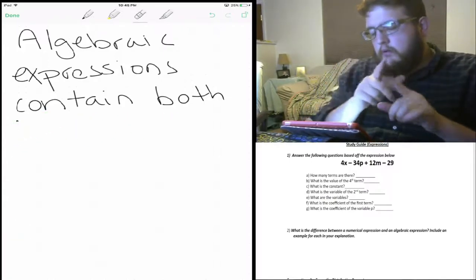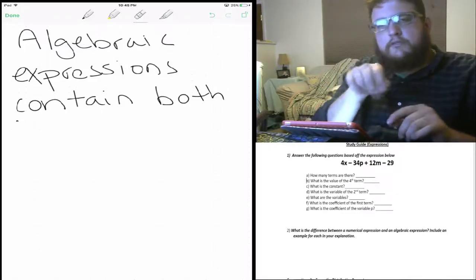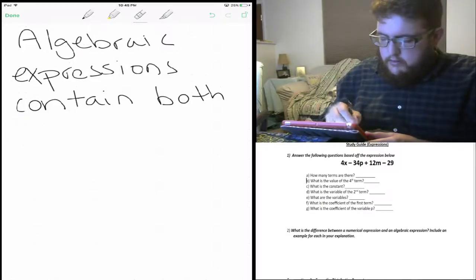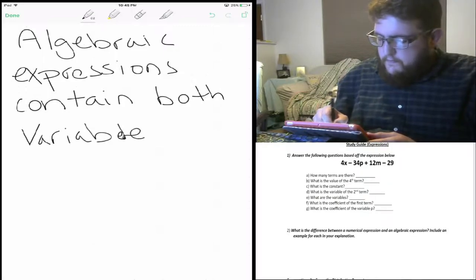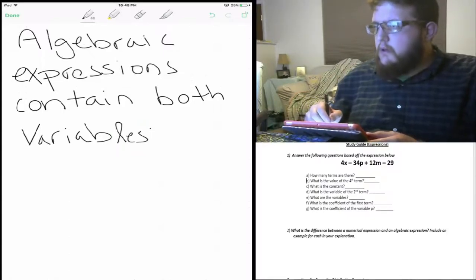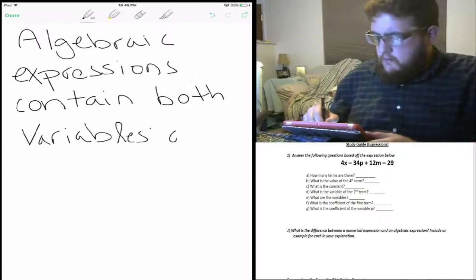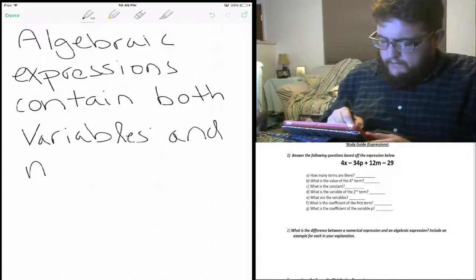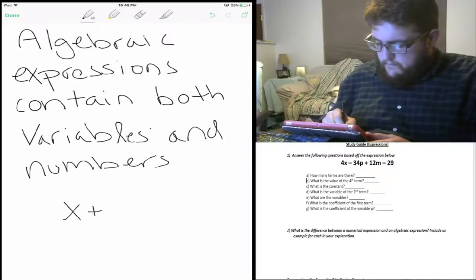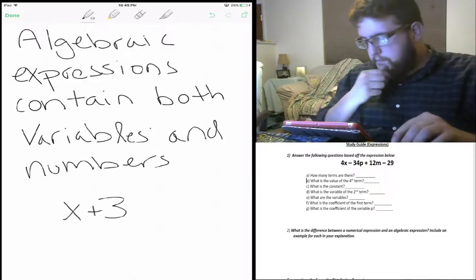Letters does explain what we're talking about, but mathematically speaking, we're talking about variables, so we should write variables instead of letters. I won't take off points for that, but it is important to note that we are talking about variables and not letters. So algebraic expressions contain both variables and numbers. And our example is x plus 3.